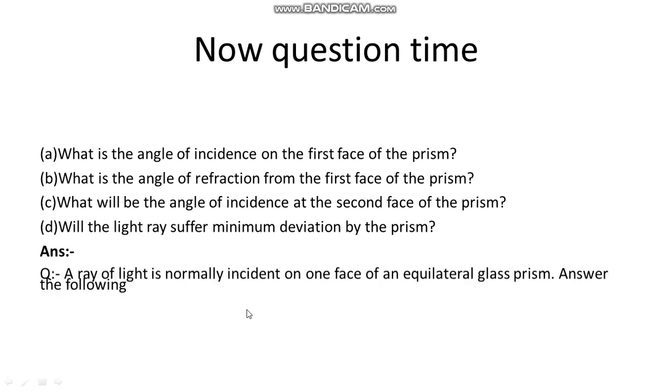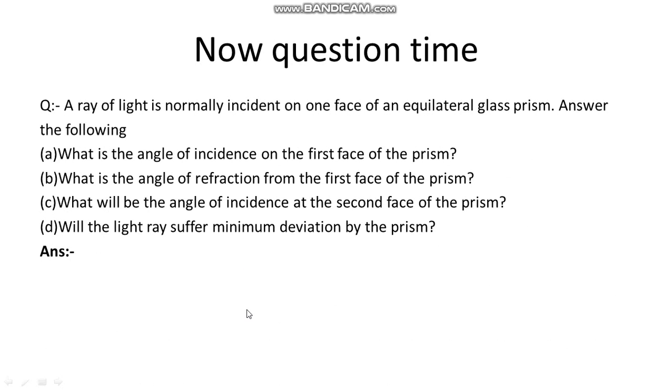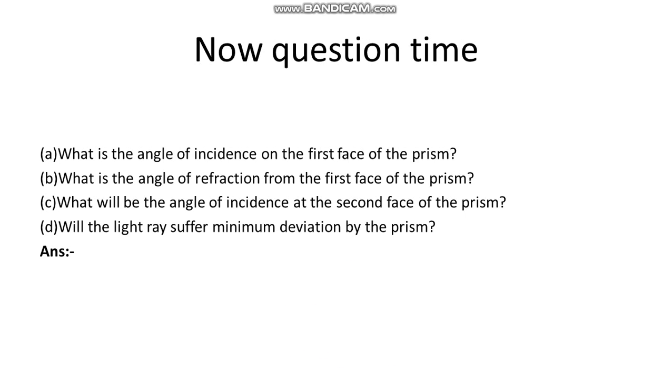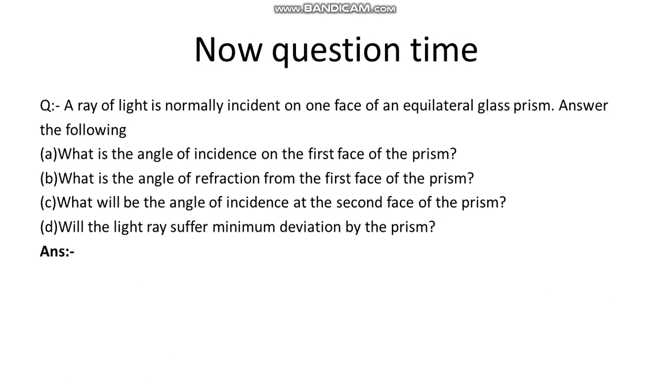Now question time. A ray of light is normally incident on one face of an equilateral glass prism. Answer the following.